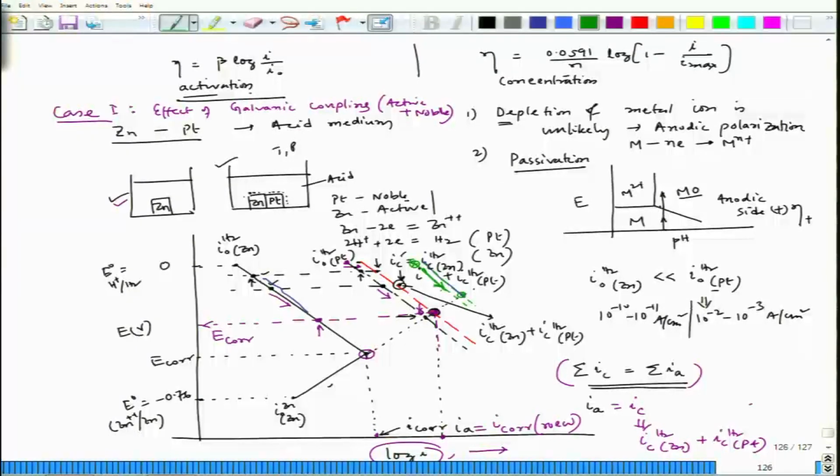So, this blue line is nothing but the addition of this one and this one. Then only at this point I could see the sum of IC equal to IA is equal to I corr.